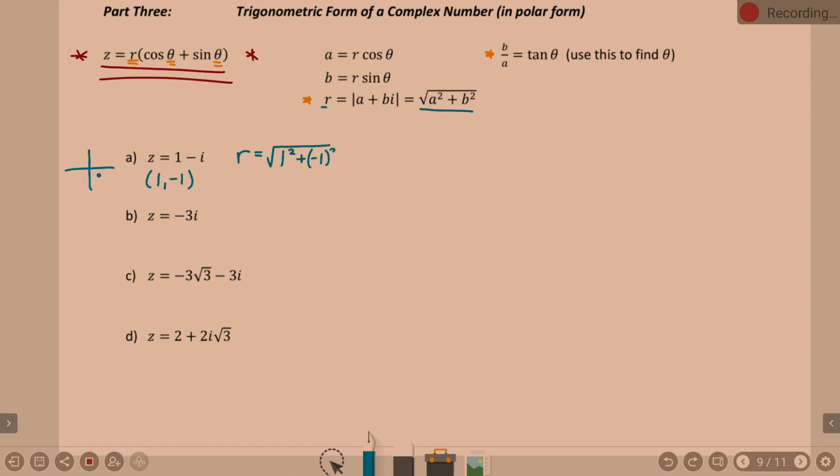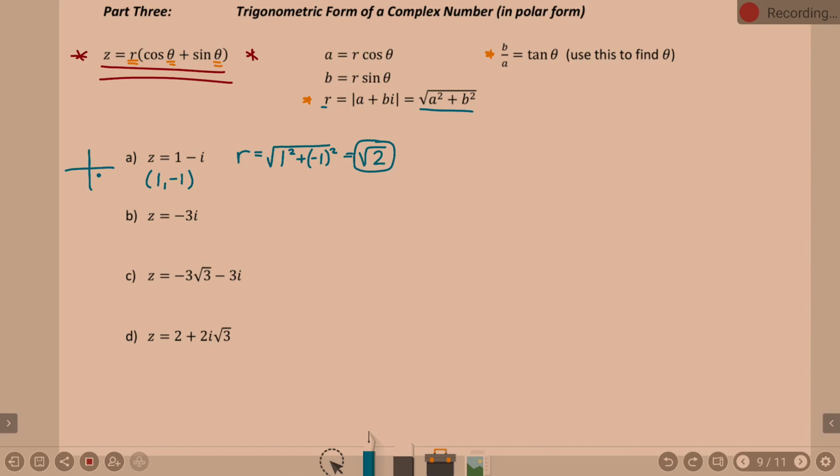Negative 1, so negative 1 squared. 1 squared plus negative 1 squared is 2. And we're under a radical, so it is the square root of 2. Okay? 1 times 1 is 1. Negative 1 times negative 1 is 1. 1 plus 1 is 2. Okay, we have our R value. Are we good there? Now, we need our theta value.